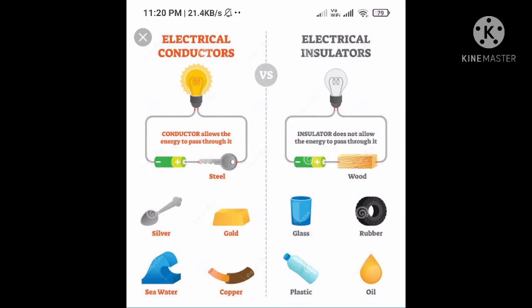And in the first figure the key made of steel is connected, so the current is passing through the steel and the circuit is complete and the bulb is glowing. So steel is a good electrical conductor, but wood is not a good conductor, it is an insulator. This is how we check whether a material is a conductor or insulator.